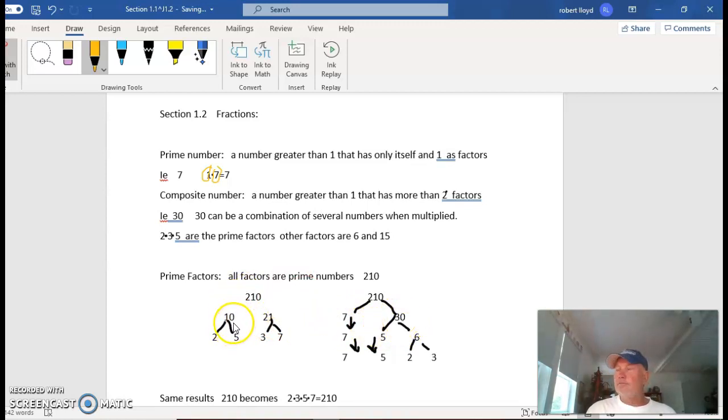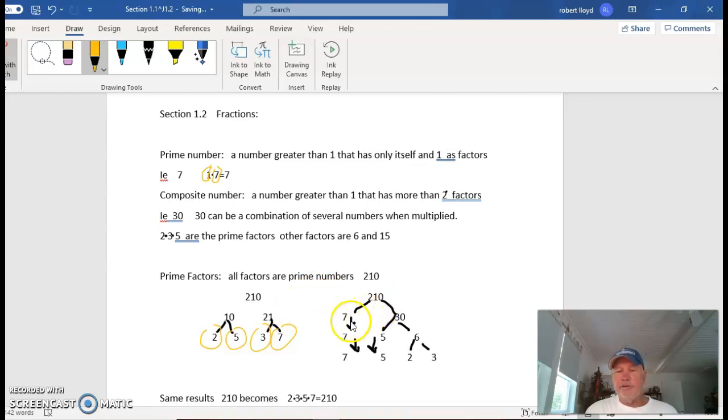Then you look at the two starting numbers and see if they are prime. 10 is not prime. It will break down into 2 times 5. The 2 and the 5 are prime. 21 is not prime. It can break down to 3 times 7. Now, all these numbers are primes. So that's the prime factorization.